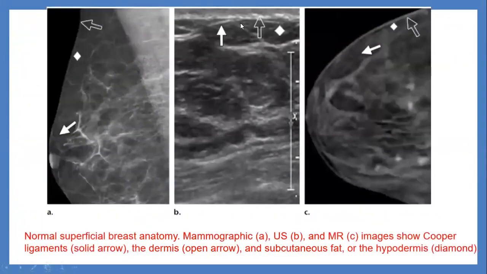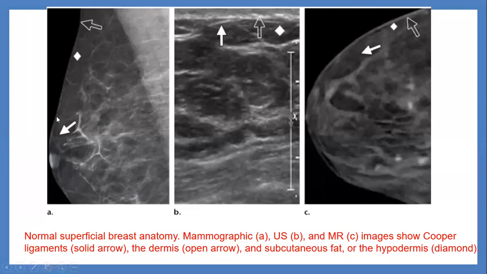As you have seen here, only ultrasound can demonstrate the dermis and epidermal layer with hypoechogenicity in between, as well as the hypodermis. On mammography, the epidermis and dermis are seen as a thin hyperdense layer, thickened around the areola.